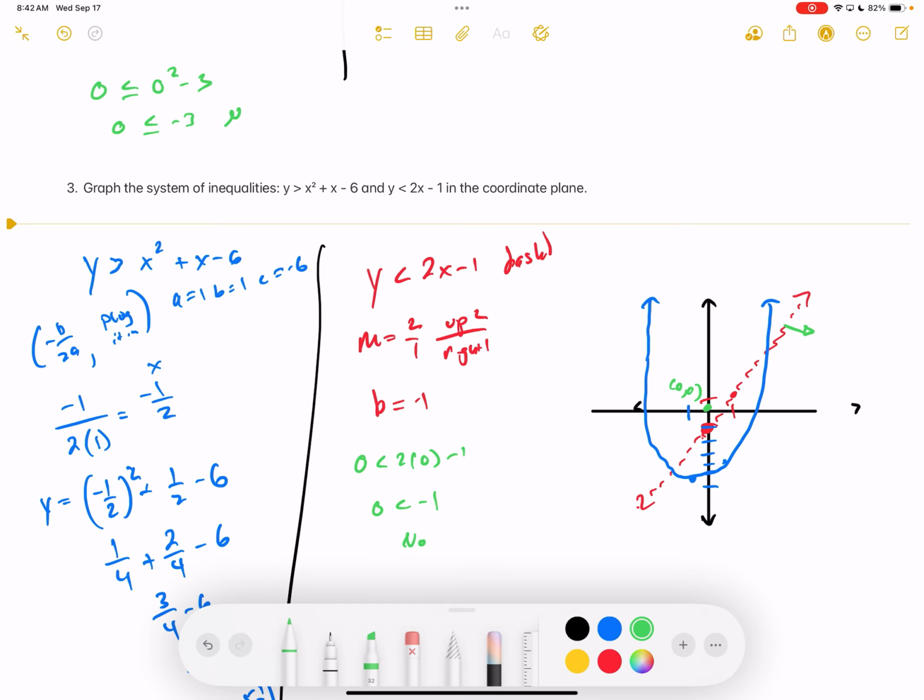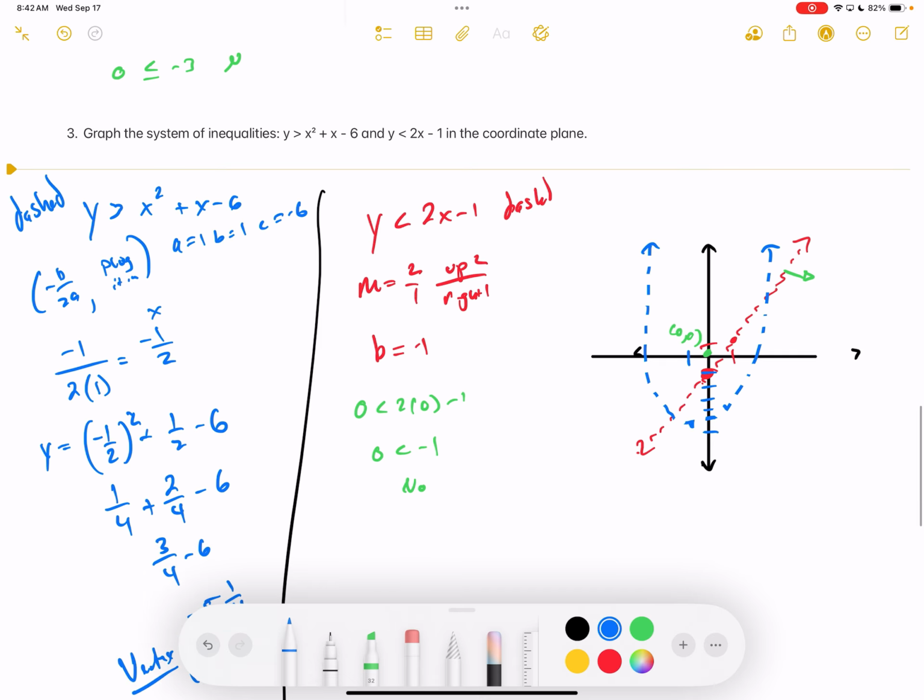What did I forget to do? I forgot to dash the line because it is just greater than. So I do need to dash the line.